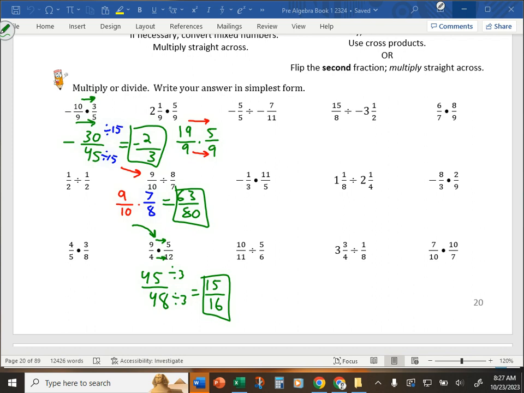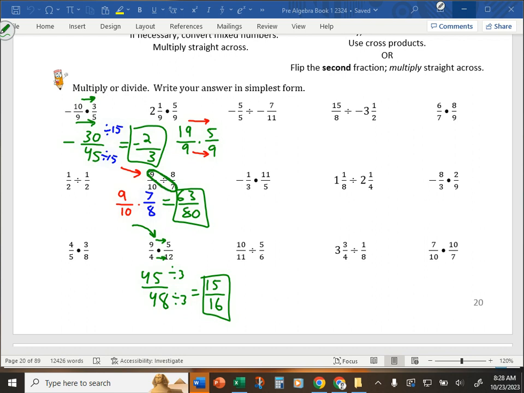Nora, cross products. Okay, and cross product, in the name is product, right? Cross products is yet another way to multiply something. Cross products means you take the numerator of one and multiply it by the denominator of the other. Notice we still end up multiplying 9 by 7, right? If we flip that second fraction and multiply the fractions, now we're going straight across. The 9 and the 7 are lined up. If we use cross products, we multiply the 9 numerator by the denominator 7.